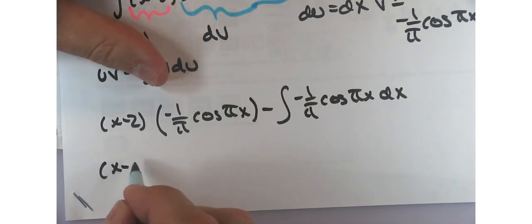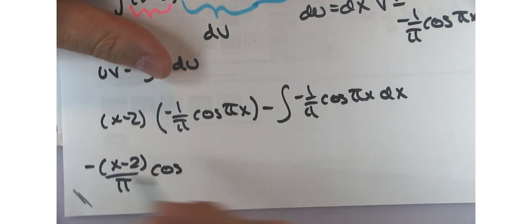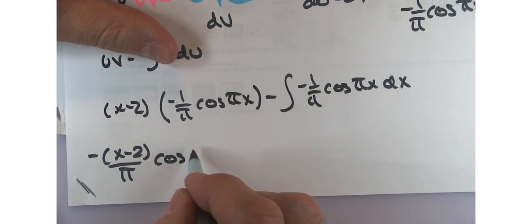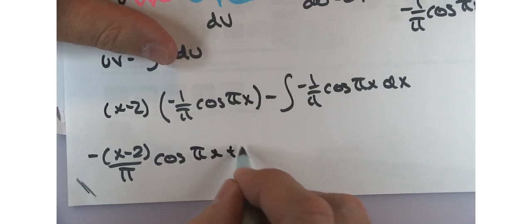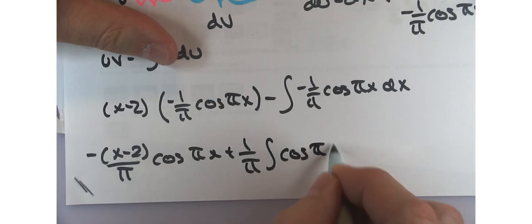x minus 2 over pi times cosine of pi x. That should be a negative out there as well. Pi x plus 1 over pi times the integral of cosine of pi x dx.